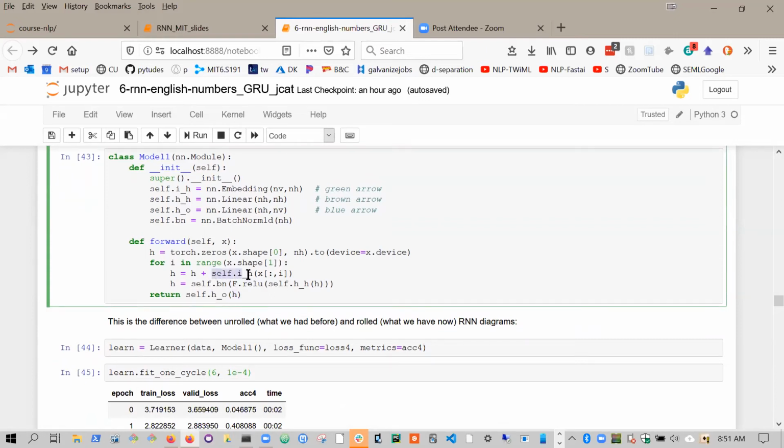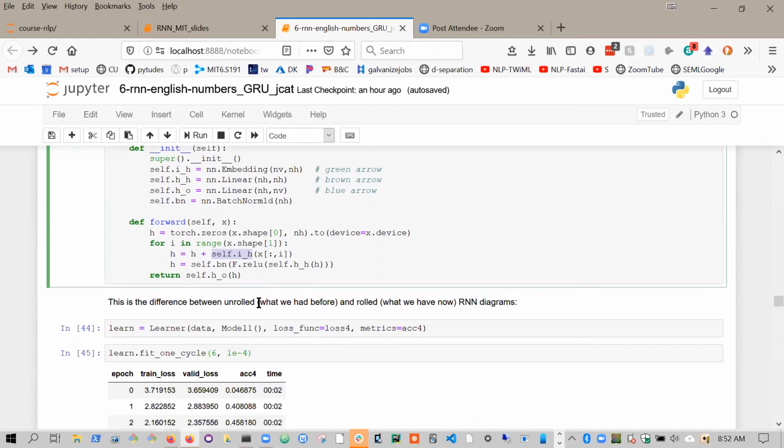Self.i_h is the matrix. Remember, it's the matrix WXH that we talked about. And self.i_h parentheses xi means we're multiplying this vector times the matrix. Okay.